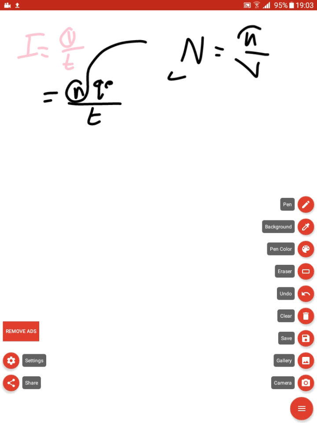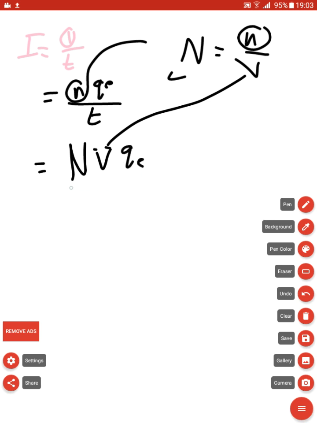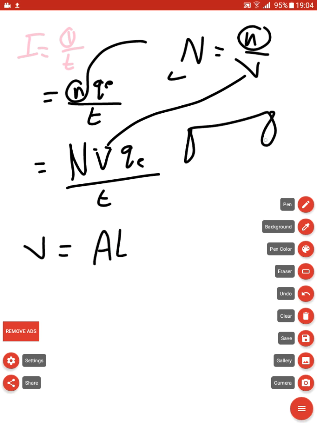Now, instead of n, we can write capital N multiplied by V, where this V is the volume, multiplied by the charge of an electron, over time. The volume equals area multiplied by length because the wire is like a cylinder. So this is the cross-sectional area and this is the length of the wire.